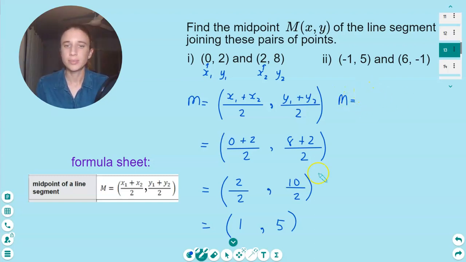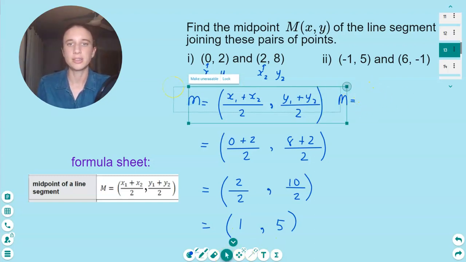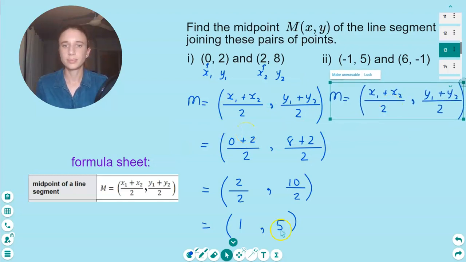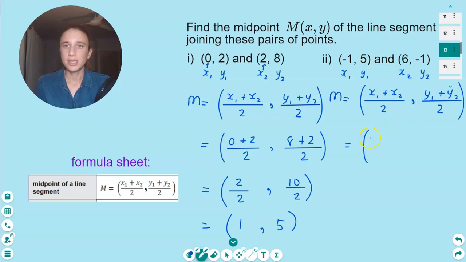M is, well, we've got our formula. I'm just going to paste it over to save a little bit of time. Now label the points underneath. x1 plus x2, negative 1 plus 6 over 2. y1 plus y2, 5 plus negative 1 over 2.